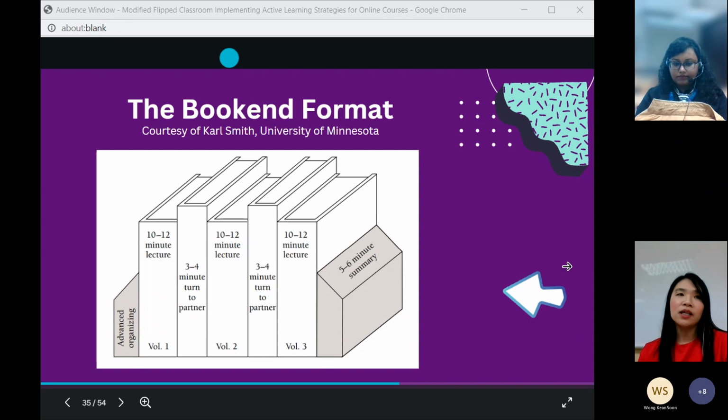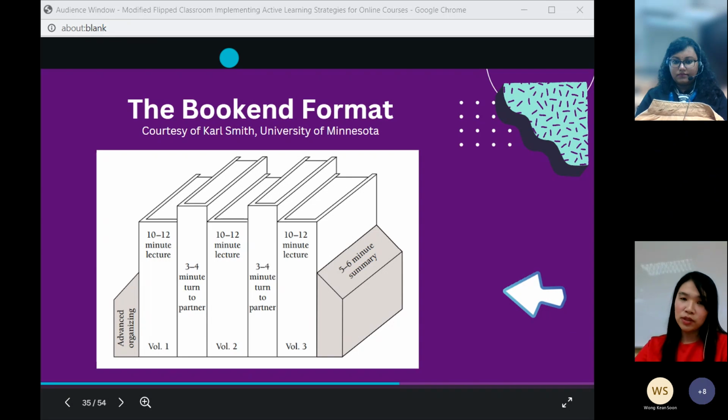Probably student A was confused, so she only knew a part of the thing that you taught just now. So through listening to another partner's answer, probably they remember better, they understand better. Then after that, you move on to another segment or another subtopic of your lecture.